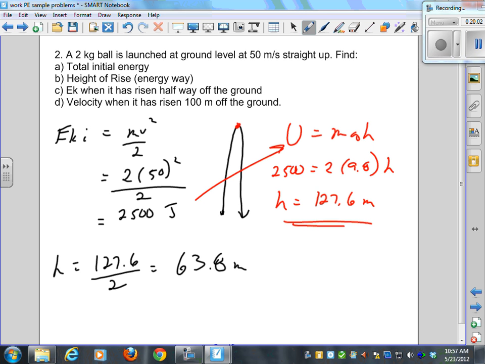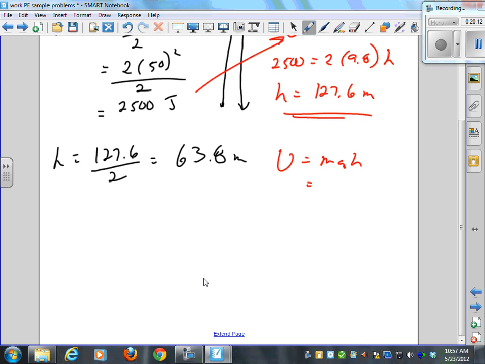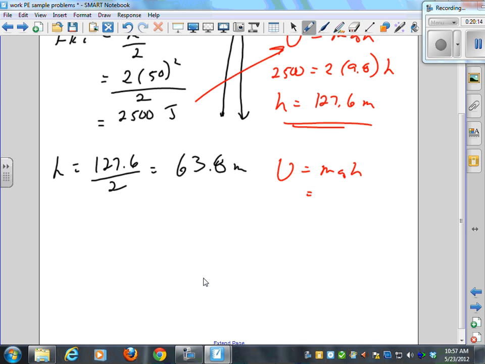What do you think we should do? I could go mgh. I can find out how much potential energy it has, so that's going to be 2 times 9.8 times 63.8. Shouldn't that just be like half?